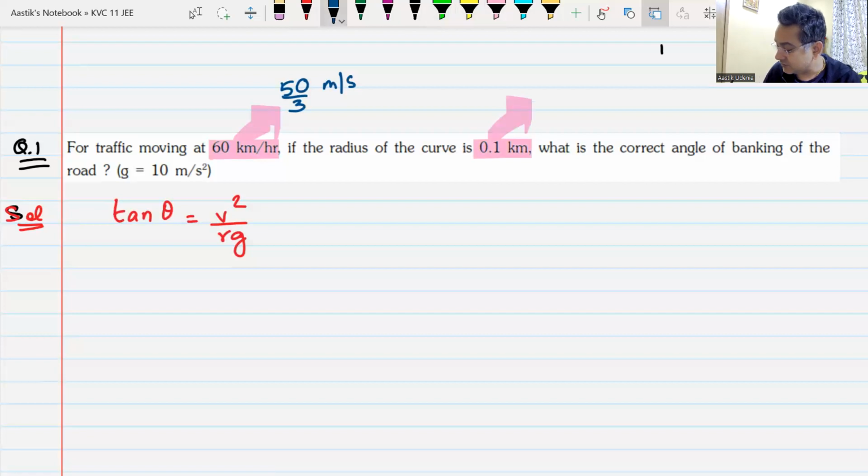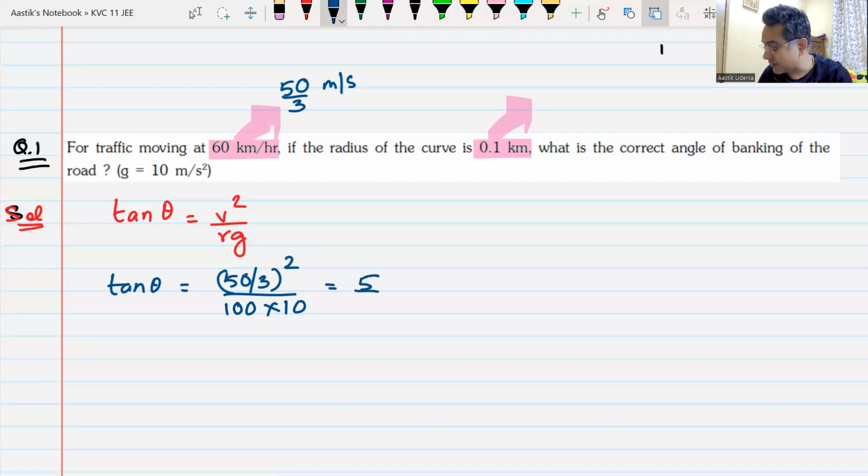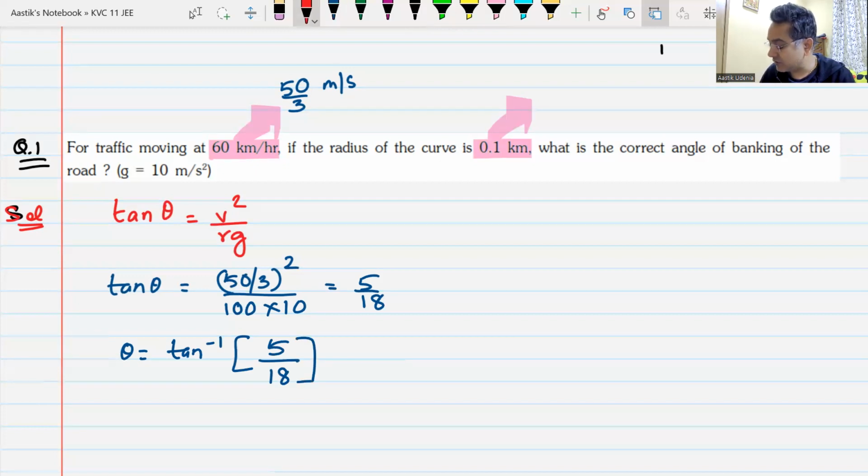So your tan theta will be 50 by 3 whole square divided by radius. Radius is coming as 100 meters. The value of g is given as 10. If I put these values, you will get 5 by 18, or theta is tan inverse 5 by 18, and that would be your angle of banking.